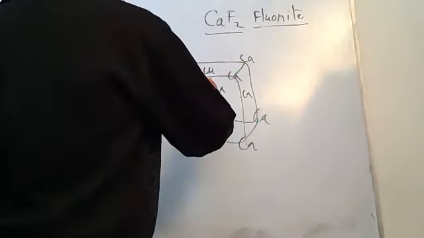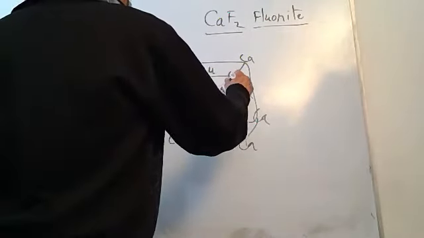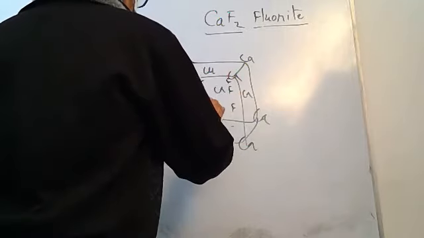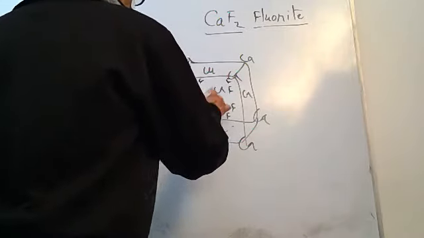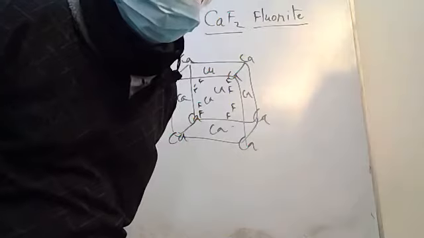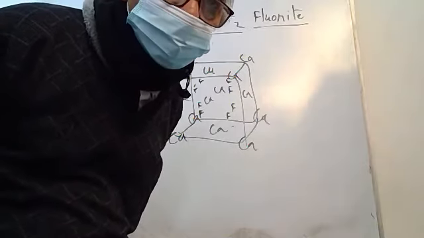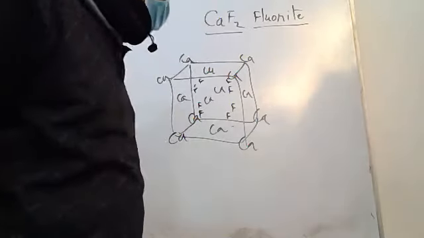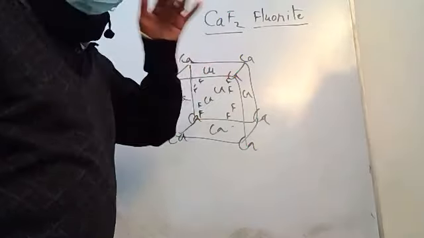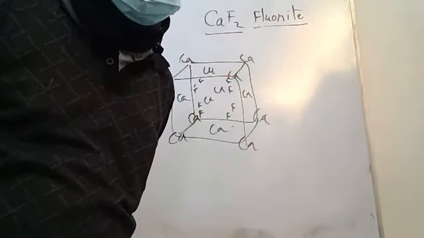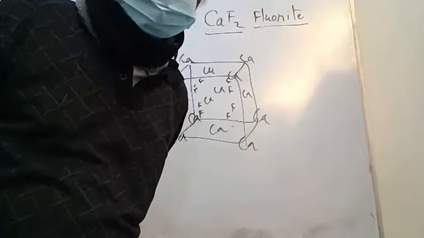We said we have 8 tetrahedral holes. So if you fill in fluorides in all the tetrahedral holes, the resulting structure is called the fluorite structure. Am I clear here, folks?